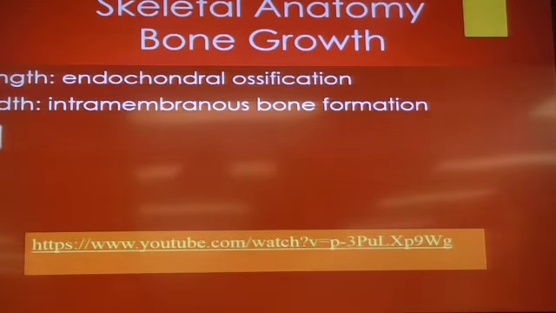We won't look at this video, but it's important to remember the difference between endochondral ossification and intramembranous bone formation. So remember that endochondral deals with the lengthening of the bone, so long bones especially, and intramembranous deals with width.